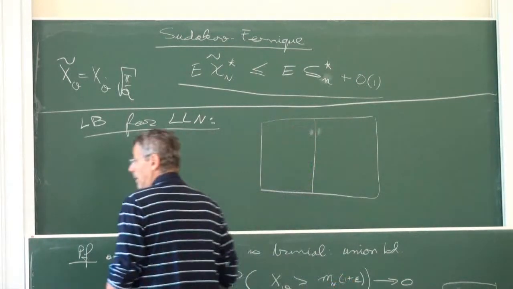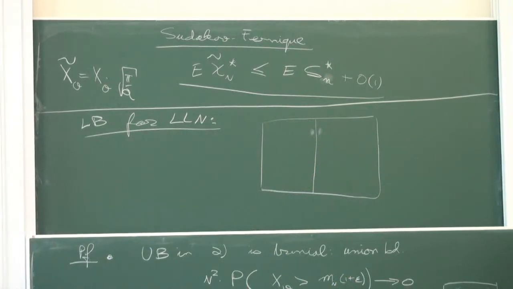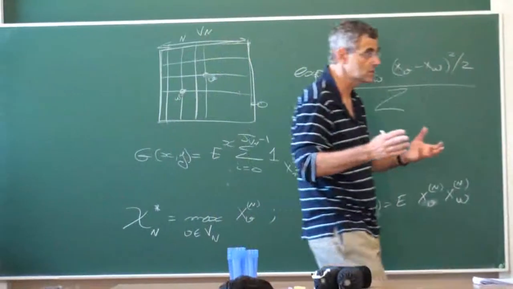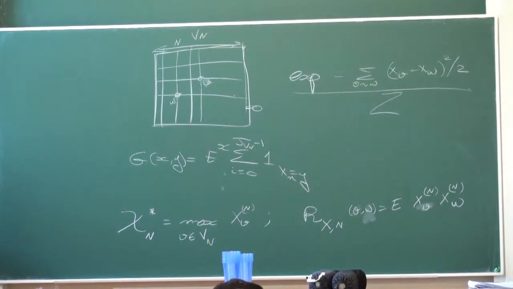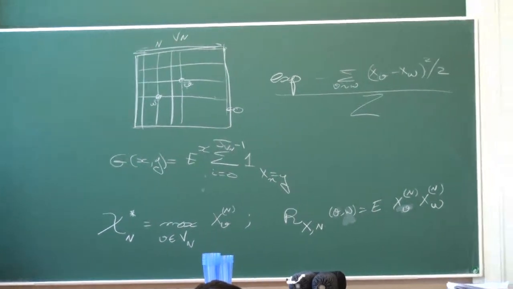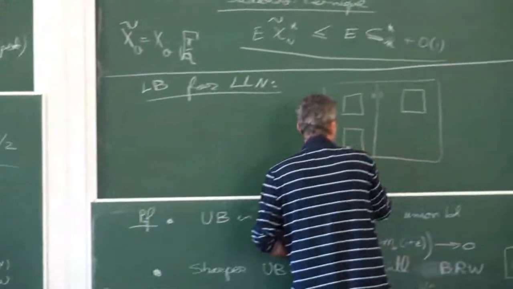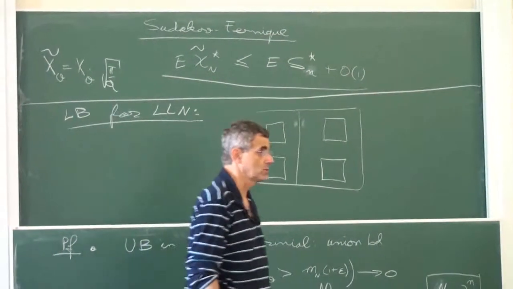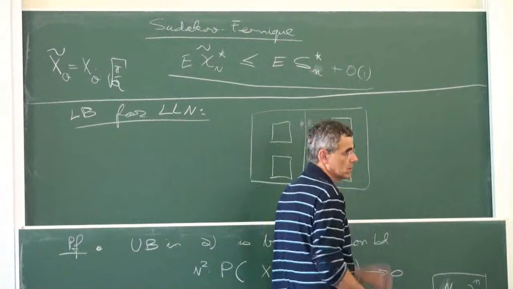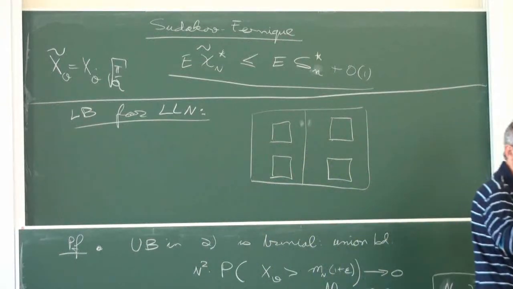We want a lower bound, so instead of taking the maximum of the Gaussian free field over all vertices, we are just going to take the maximum of the Gaussian free field over some vertices. And the vertices we are going to take, it's very simple, we are going to take a square here. At the first stage, all the vertices outside of these 4 squares, we are not going to look at them.